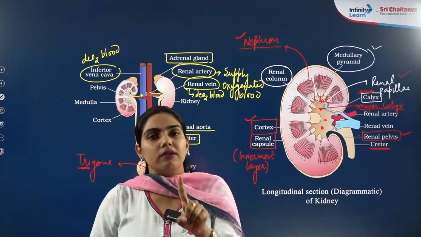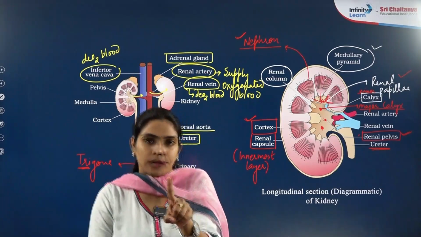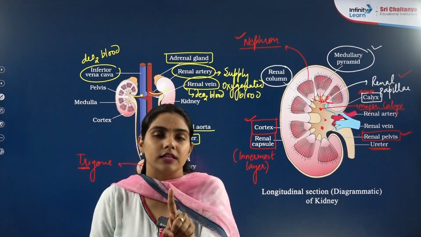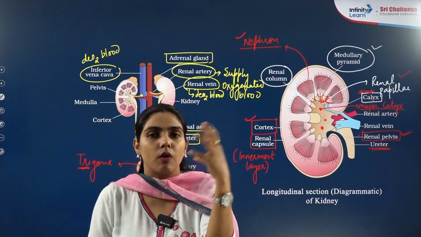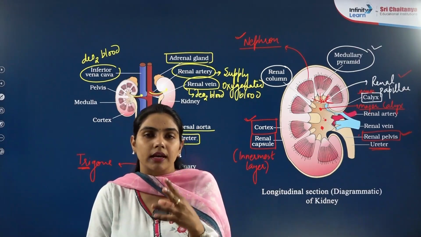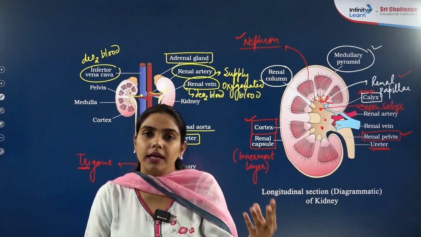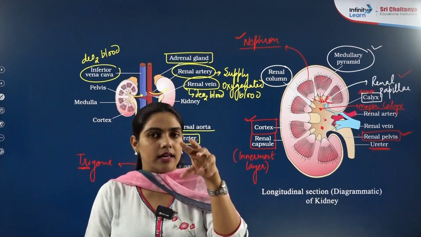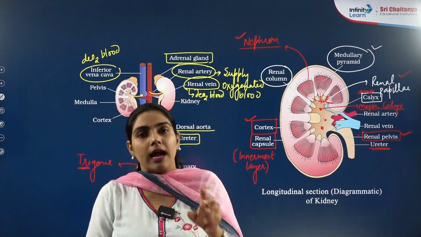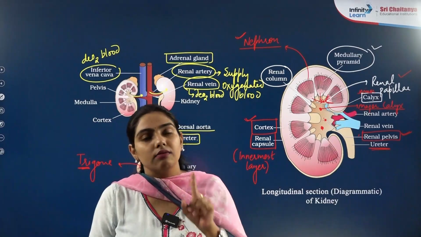Number of renal pelvis in one kidney will be 1, right? In this 1 renal pelvis, what is opening? Major calyx is opening. Then in the major calyx, what is opening? Minor calyx is opening. In the minor calyx, what is opening? Renal papilla is opening. And how many renal papilla are there in one kidney?